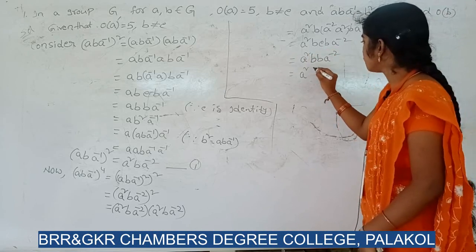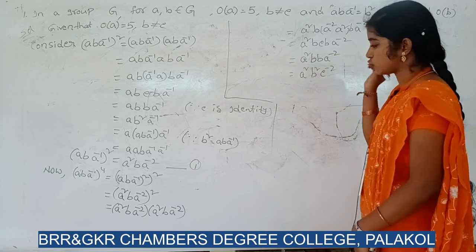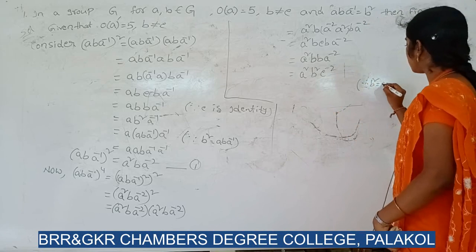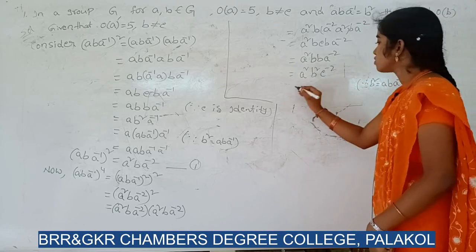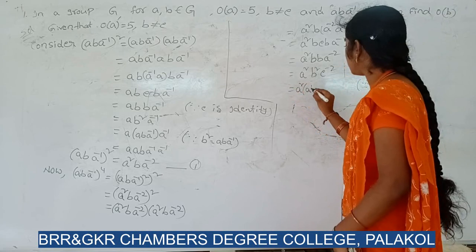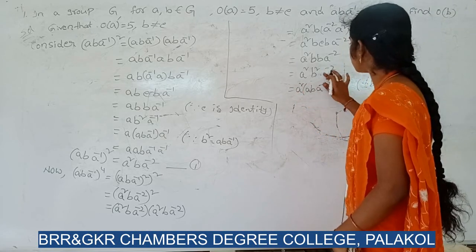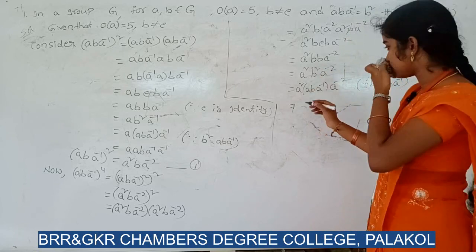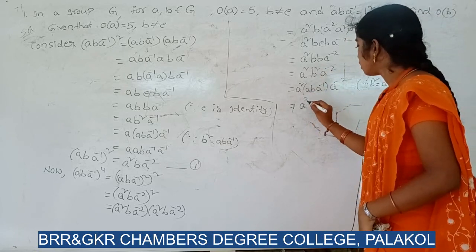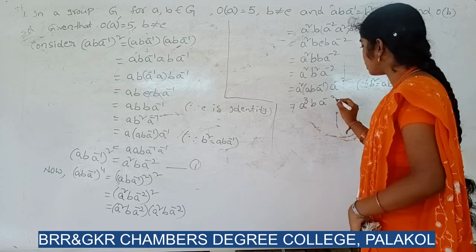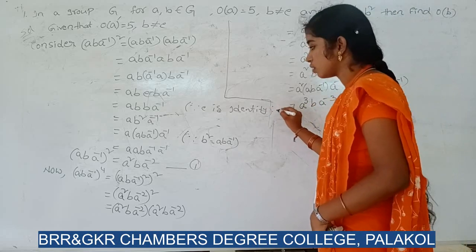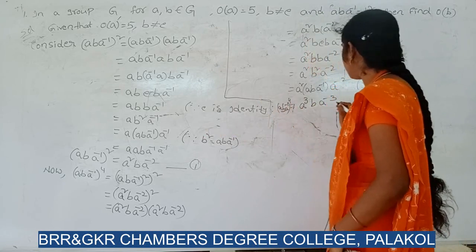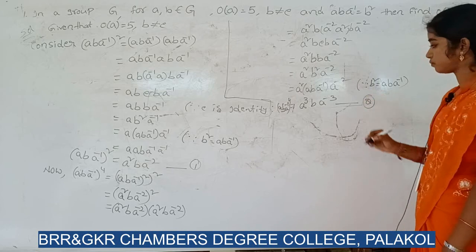Already you know that b square value is a b a inverse, so a square a b a inverse a power minus 2, which can be written as a cube b a power minus 3. So the second result is (a b a inverse) whole power 4 equals a cube b a power minus 3.